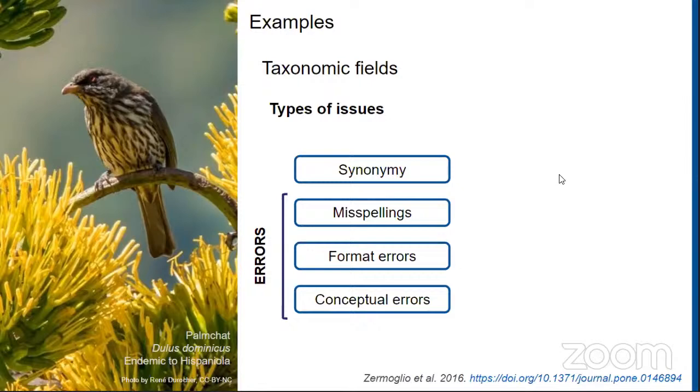And in the process, identify different types of issues with these names that are, on one hand, synonymy, which they did not consider an error.